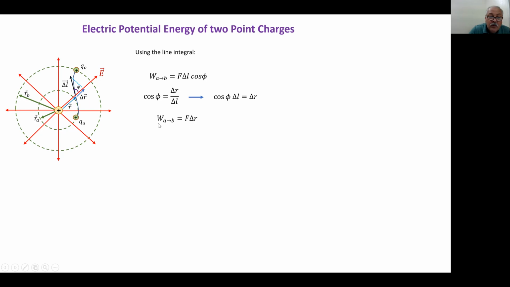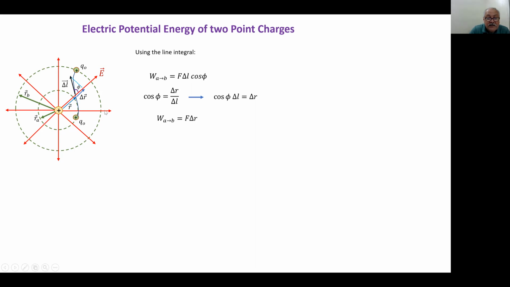Perfect. And what do we have? The work done by the electric field in moving a test charge from position A to position B is equal to force times delta R. So that's a matter of the path. It depends on the distance parallel to the electric field.